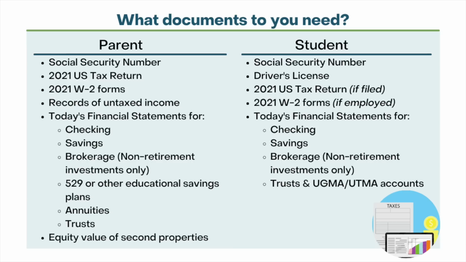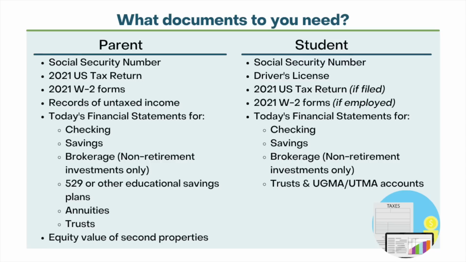Before we get started, let's review the documents and financial statements you'll need to successfully complete the application. It's best if you can have these all with you, printed out or saved, so you can get through the application more quickly. Parents will need their Social Security number, as well as U.S. tax returns from 2021, W-2 forms from their employer from 2021, and any records of untaxed income earned in 2021.